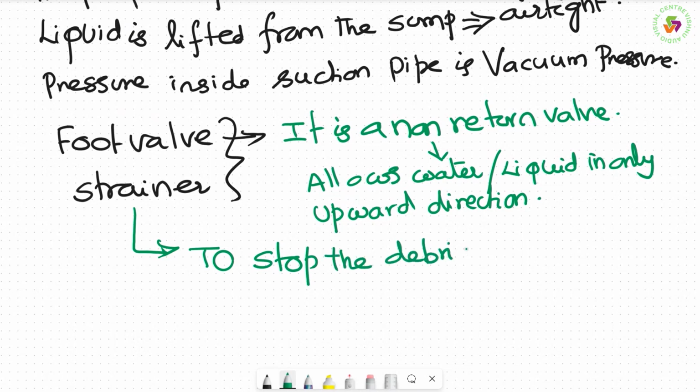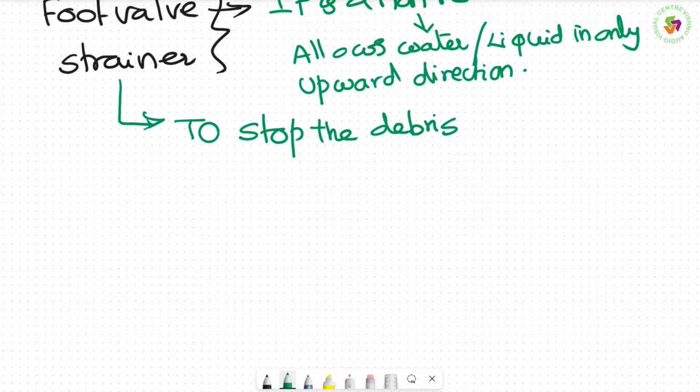Otherwise, the impeller gets completely spoiled and damaged if any unwanted material enters the pump. To stop the debris, naturally, we need a pot with holes connected at the bottom. So a suction pipe consists of this, but remember that the pressure in the suction pipe is always negative. It is only sucking the water from the sump into the pump.